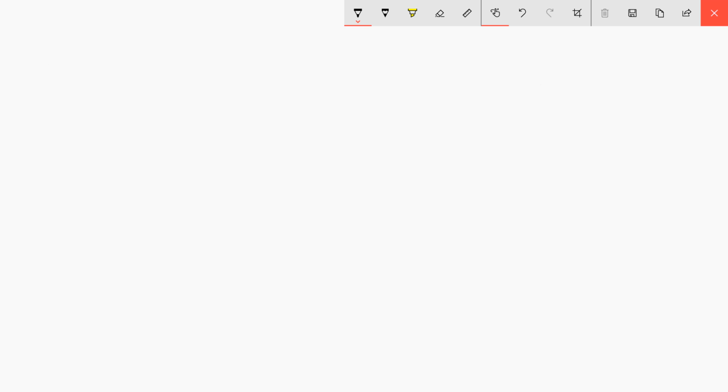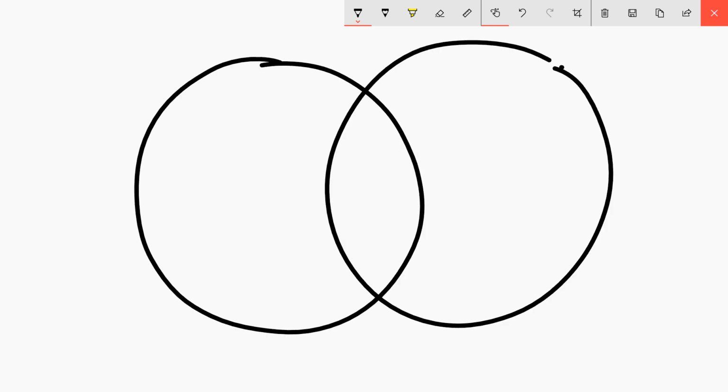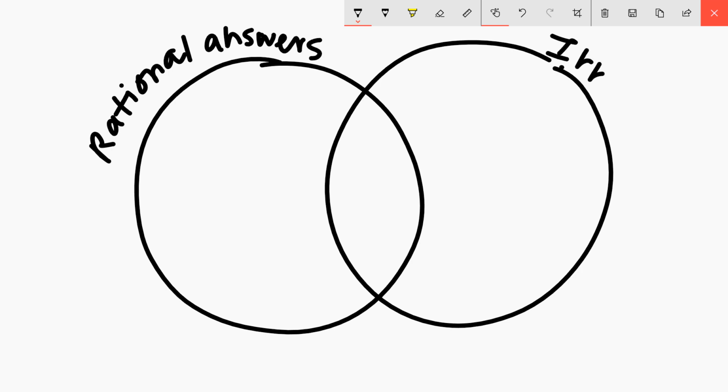When we talked about rational and irrational numbers, remember we made that Venn diagram, something like this. So in here, I've got rational answers. And on this side, I've got irrational answers.